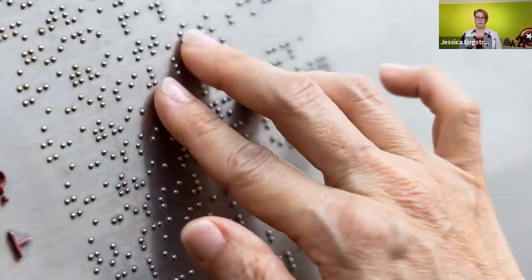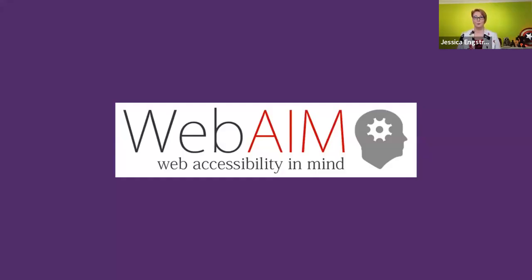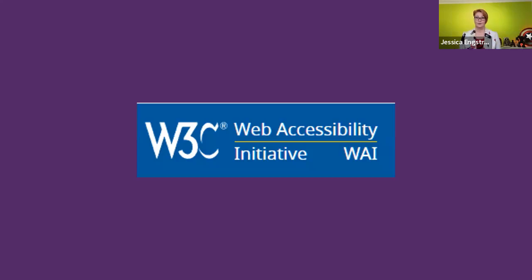Okay, let's throw ourselves into the world of accessibility. WebAIM, or Web Accessibility In Mind, they do analysis of the top 1 million homepages. They have a lot of interesting data. They are using Web Content Accessibility Guidelines, or WCAG, for the analysis.